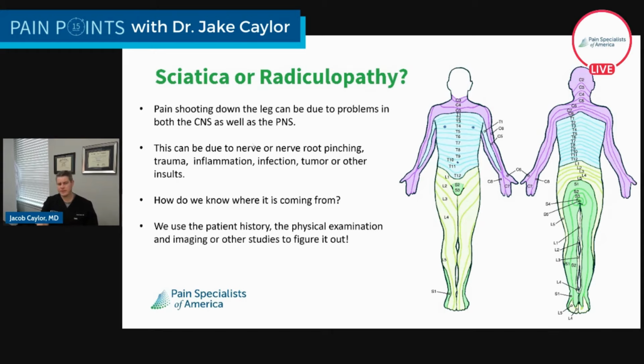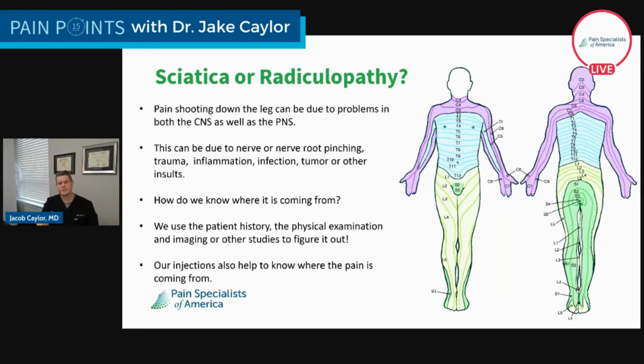And how do we really know where it's coming from? That's been the basis of this entire time: I have to take the history, what you're telling me, and the imaging, our studies and the MRI, the pictures of what the body is looking like, and that physical examination to put the pieces of the puzzle together to really say, hey, this is where your pain is coming from.